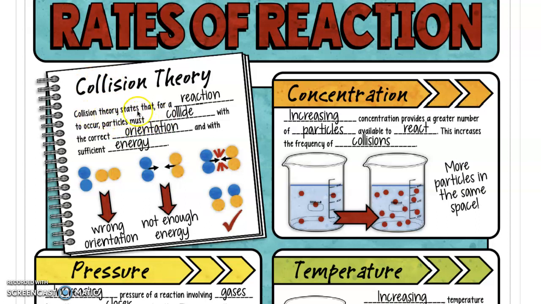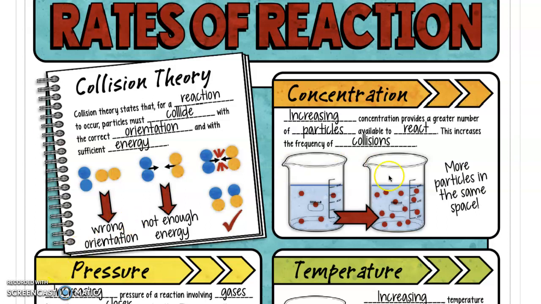Collision theory states that for a reaction to occur, particles must collide with the correct orientation and with sufficient energy. So particles aren't just going to touch each other and necessarily chemically react and bond together. They need to collide with the right orientation and energy. Often by increasing the chance of that happening, you're going to increase the chance of a reaction taking place. And there are different ways that we do that.